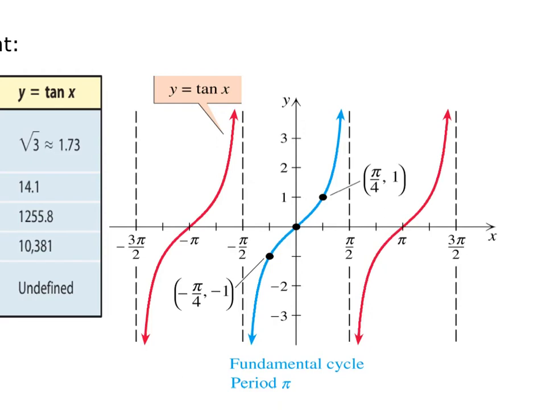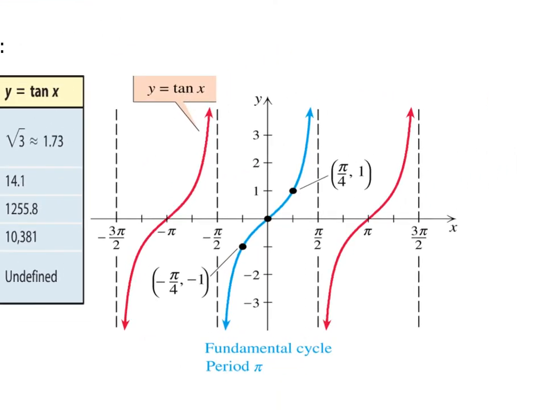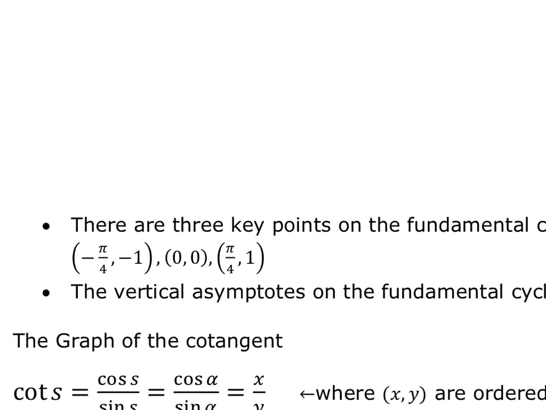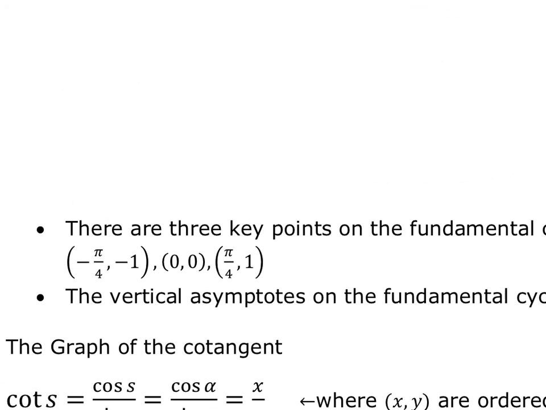The tangent here, see how it has multiple cycles. The fundamental cycle is the blue one. My key points are negative pi over 4, comma negative 1, 0, 0, pi fourth, comma 1. Those are my key points. I have 3 key points.